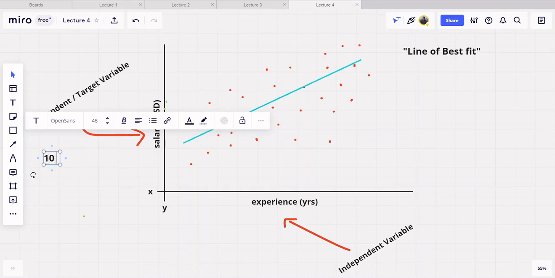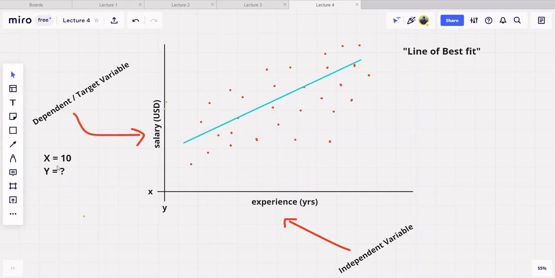In this case x would be 10, and we need to find our y. Now how do we find this? What we do is create a vertical line through the line of best fit. So let's assume that x equal to 10 is here.